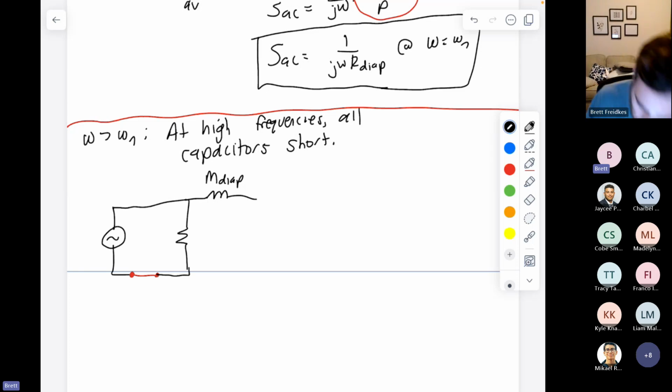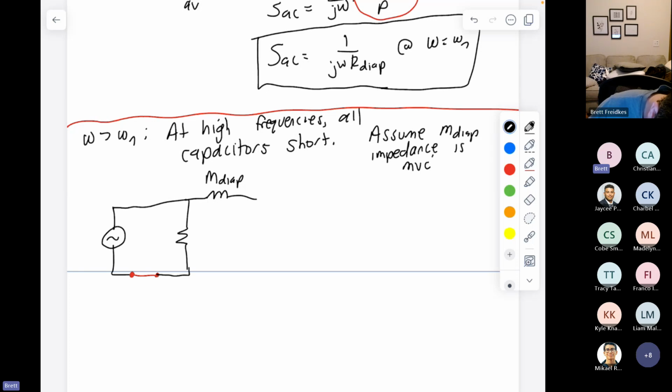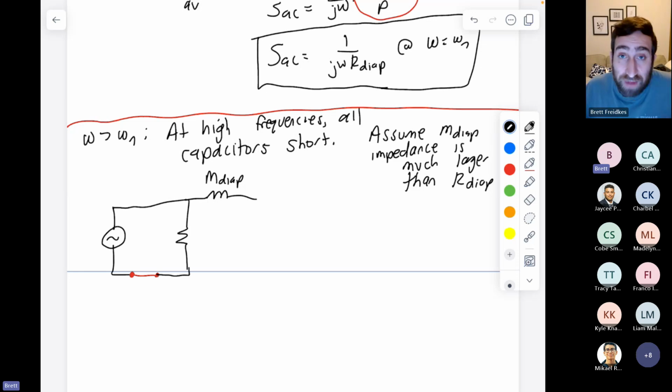And we'll also assume that the mass of the diaphragm impedance is much larger than R of the diaphragm, the damping term, which is not frequency dependent, it's just a constant. But at high frequencies, we'll assume that that mass is really big, which basically means that everything else that we had on this side is going to short at those higher frequencies.